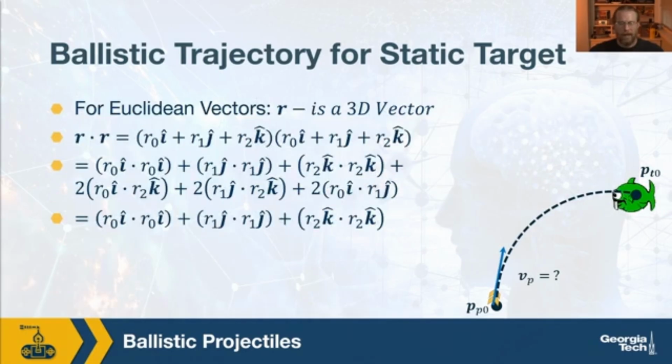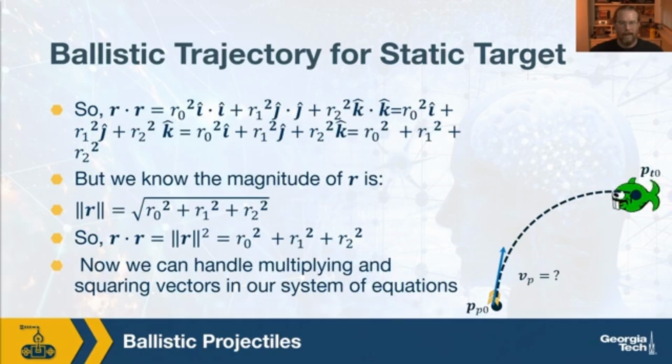Now we can also look at, well, what if it's the same vector times itself? I did the same thing with the outer product. We know that the mismatched unit vectors are going to cancel out to 0, so we're only left with the inner product. We could just say that it's a dot product, r dot r, and we know how to handle it. But we can also notice that the magnitude of r, if we were performing the magnitude operation, would be, of course, what you're familiar with, the square root of the sum of squares of those three terms.